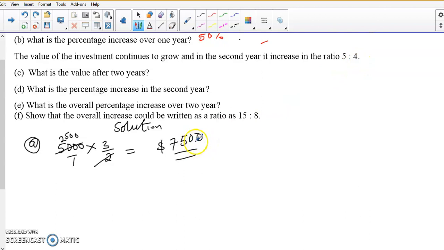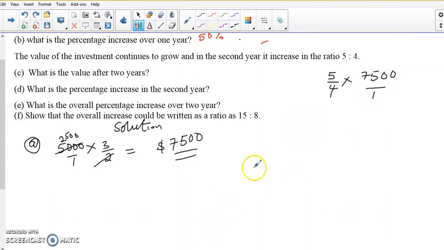So this is the amount it increased the first year. So in the second year the increase will be the big number divided by the small number, times the amount from the first year. So that gives us what?